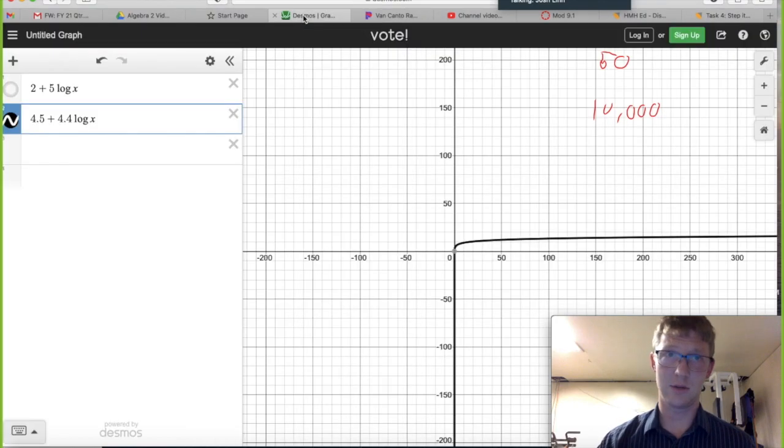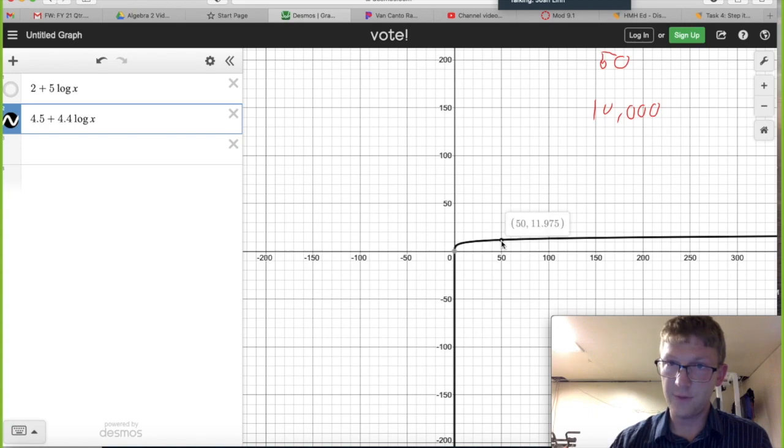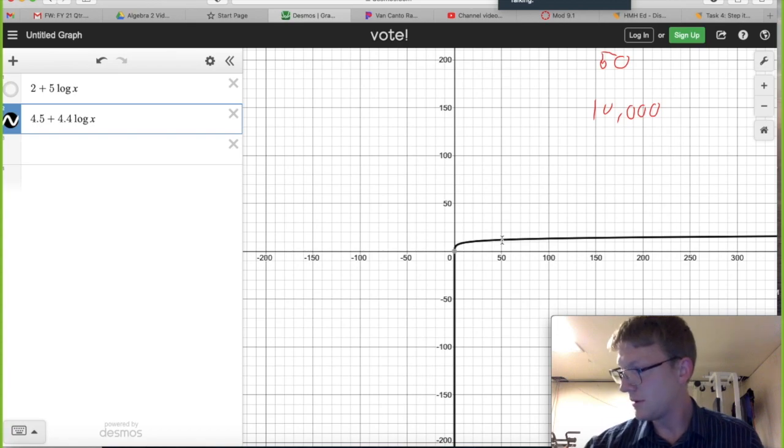If we go back to our Desmos, or our graphing calculator, excuse me, this is our second function here. At 50, we'll call that 12.0.